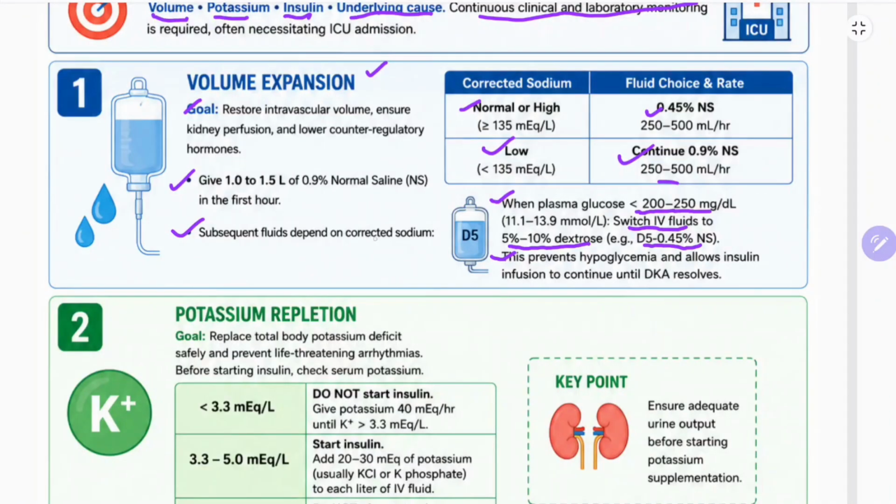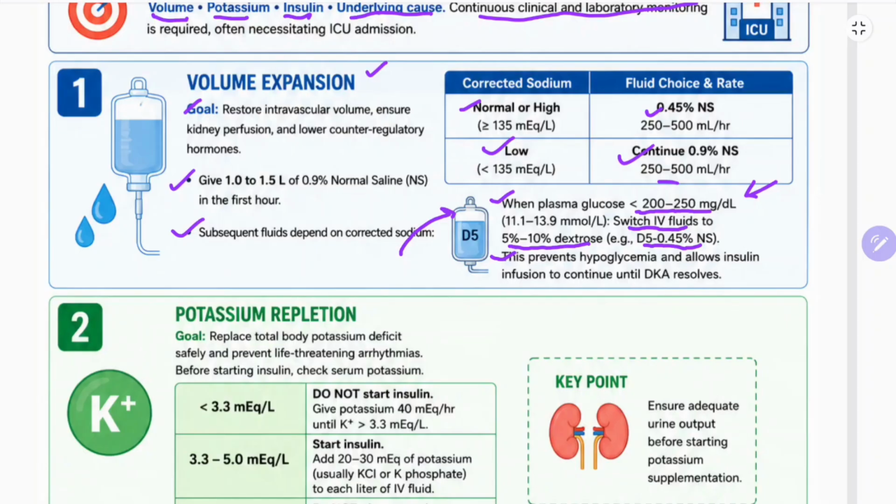Why are we doing this? Because even though the blood glucose level is falling, the acidosis will not resolve. Insulin is required for complete resolution of acidosis. So if you give continuous insulin and the blood glucose falls below 200, the patient may land up with hypoglycemia.